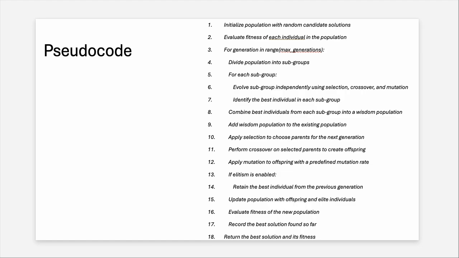After evolving independently, the best solutions are merged into a wisdom population. Selection, crossover, and mutation are applied again, and the process repeats for the specified number of generations. This pseudocode captures the iterative evolutionary nature of the algorithm, with an emphasis on both exploring the solution space and exploiting the best known solution.